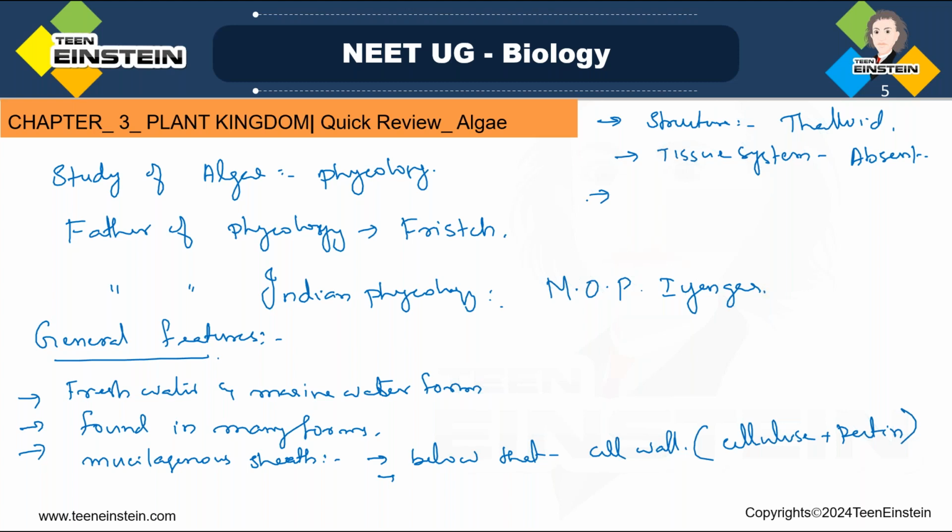Then another point, these are the general features you need to mention, the general nature of algae. On the basis of nutrition, algae are photoautotrophic in nature, and they have plastids. In the plastids, photosynthetic pigments are present.